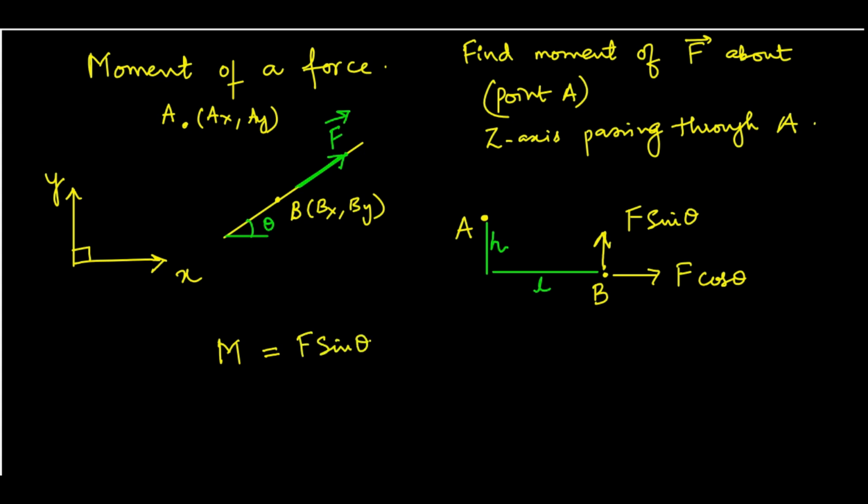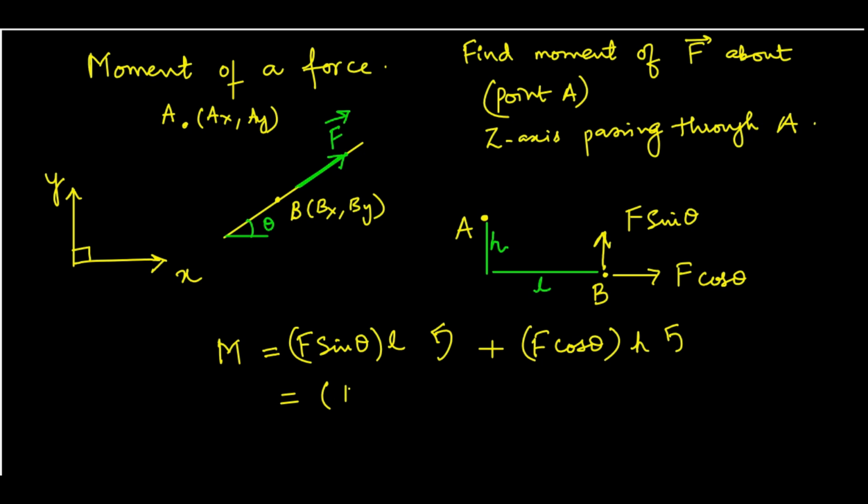So F sine theta times L, and this force is causing a counterclockwise moment, right? Plus you have F cos theta also causing counterclockwise moment, F cos theta times H, right?